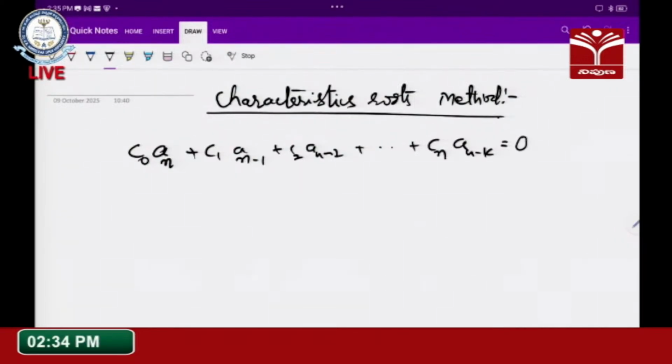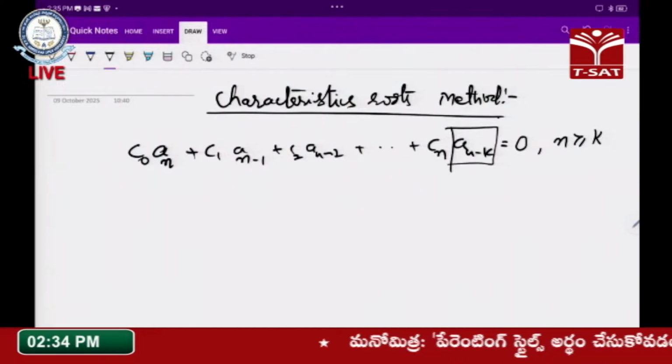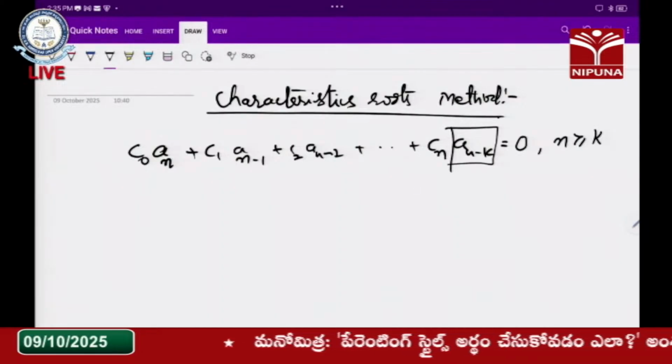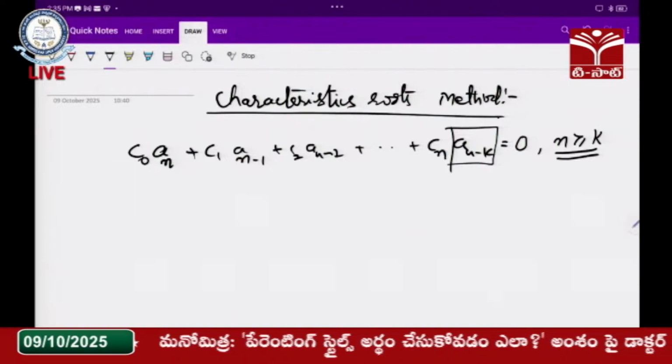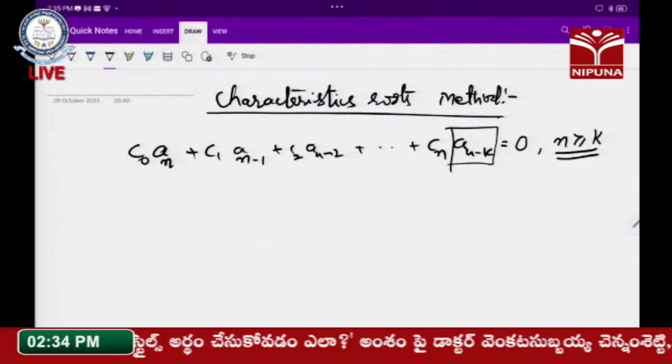Homogeneous means the right side value is 0, and this recurrence relation is valid for n greater than or equal to k. The last term a n minus k is there, so it is called a kth degree recurrence relation.